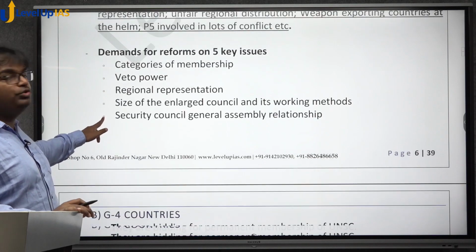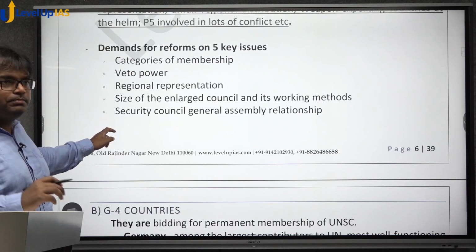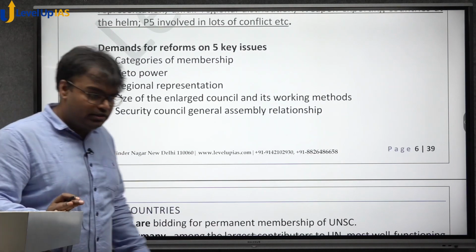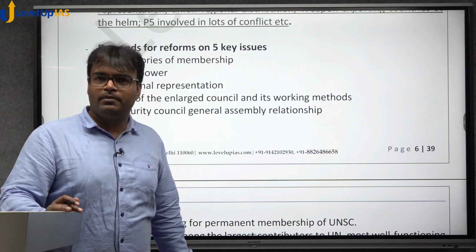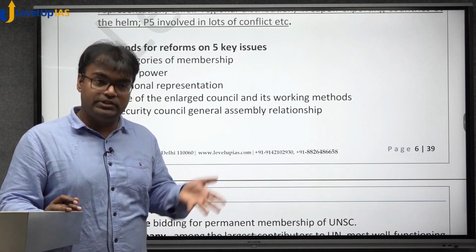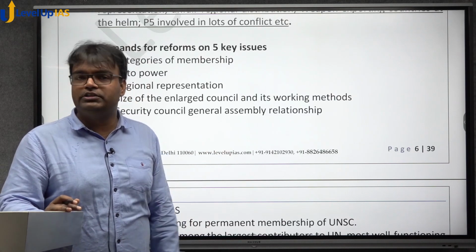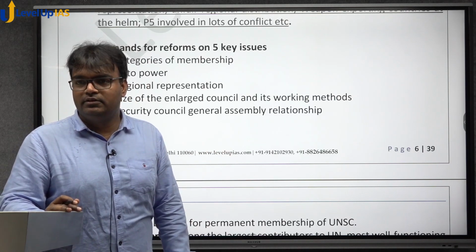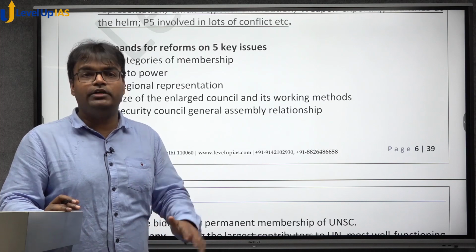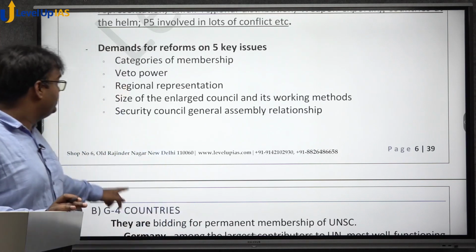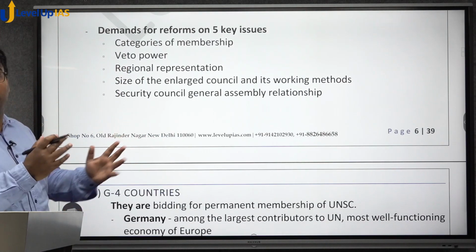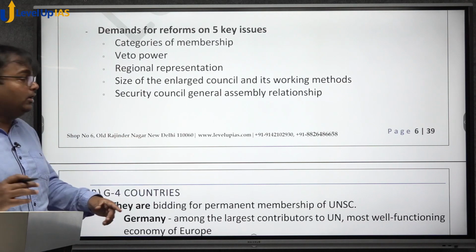There are demands related to regional representation. We have already talked about regional representation. Here, the African group says give us 2 permanent seats, because most of the work of the United Nations is confined here, and we have faced historical injustices. So we should be given more say in what happens to us. Then the size of the enlarged council, like if UNSC is expanded, what should be the size?